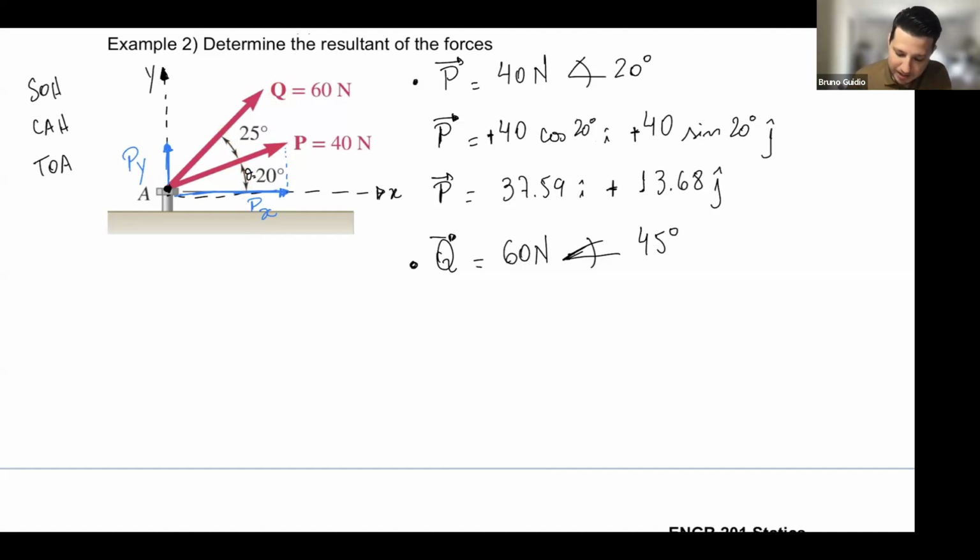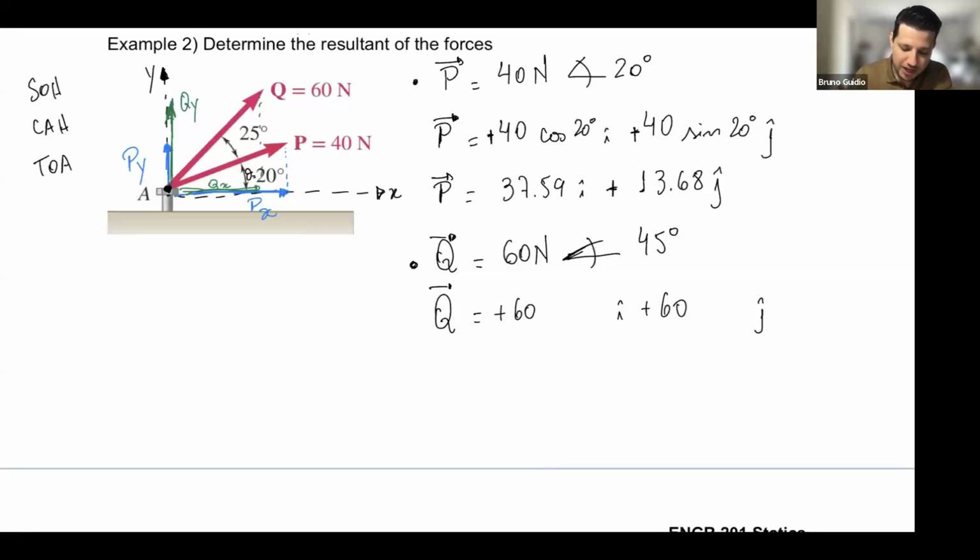Now, with that in mind, once again, where is my Q projection? Maybe too much information, but Qx and Qy, both of them, we agree, are in the positive direction. So positive, positive, i hat, j hat. Magnitude 60. What is sine and cosine?